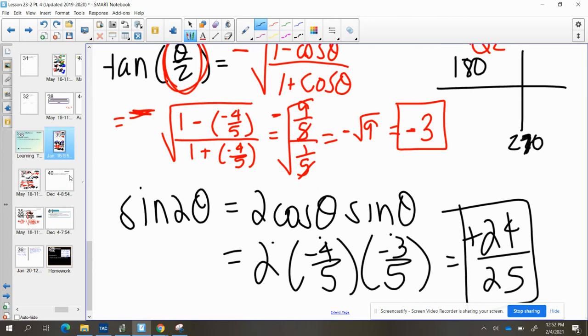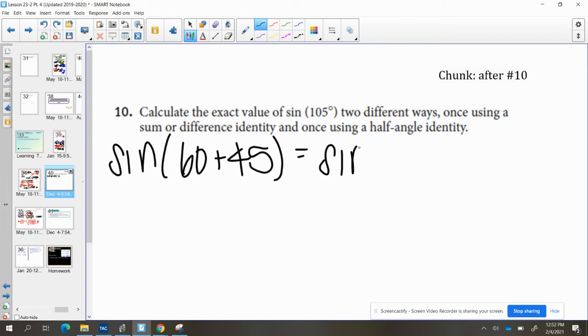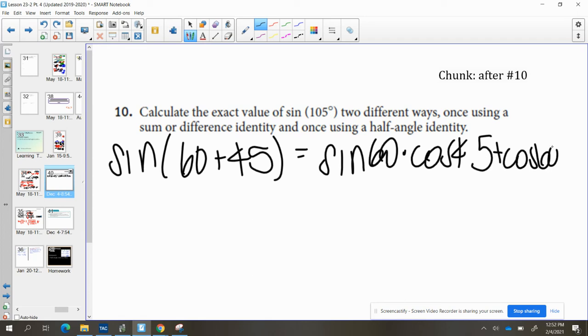Okay. Now, a couple of last minute questions. In number 10, if we calculate the sine of 105 in 2 different ways using the sum or difference and the half angle, what are we noticing? Well, if we think of sum and difference, we would have sine of 60 times the cosine of 45 plus cos 60 sine 45.